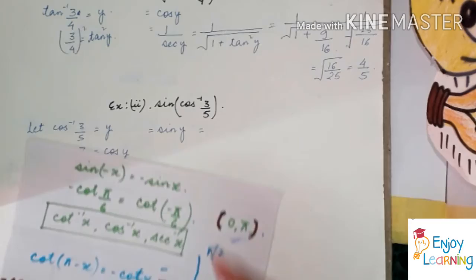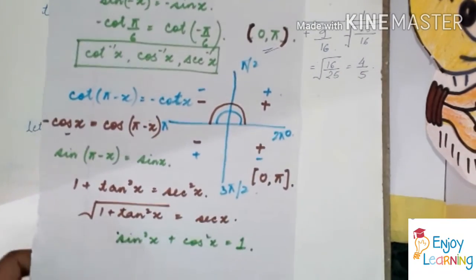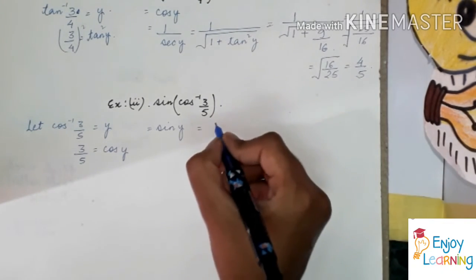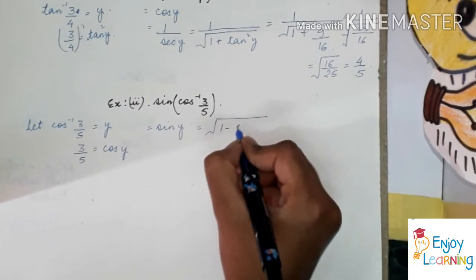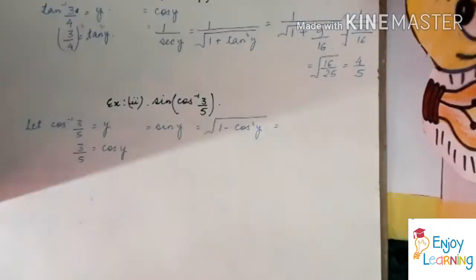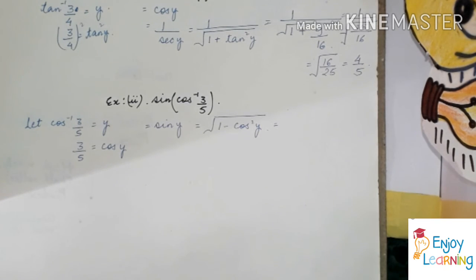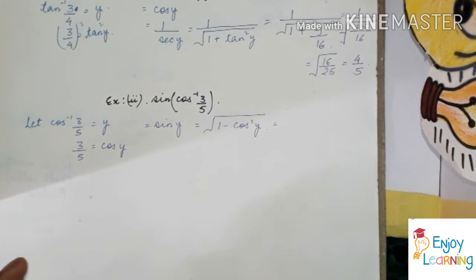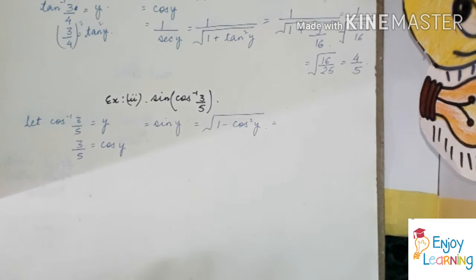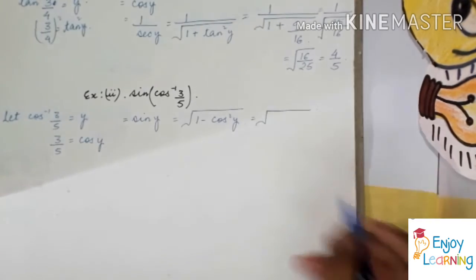So in place of sin y, you can write under root 1 minus cos square y. I'm telling you this step by step, even telling the simplest of the properties, just to make you understand this entire chapter thoroughly. So please pay complete attention.